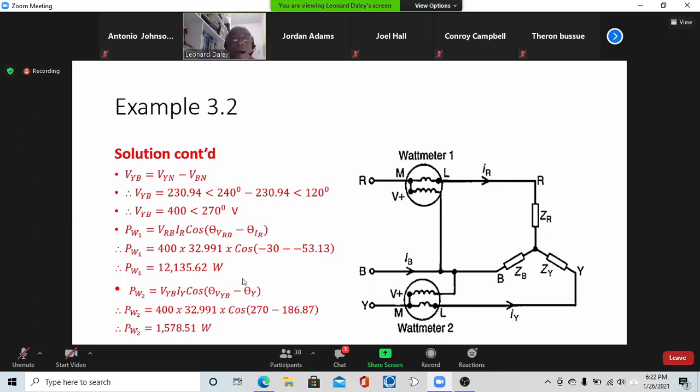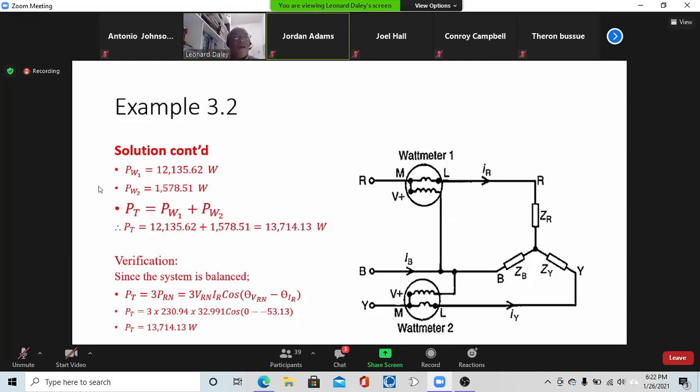Okay. All right. Well, we wouldn't split hairs about those. All right. So we add them up and we get the total power, and it works out to be 13,714.13 watts.